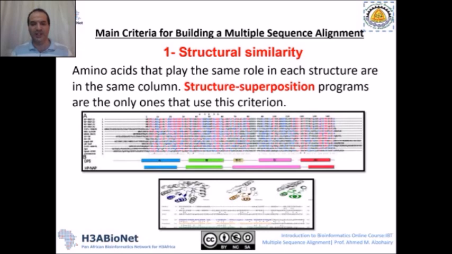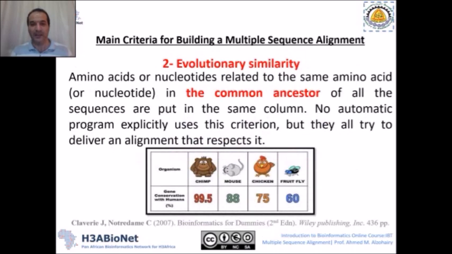Based on that structure similarity, we can interpret many things, as we will see in the coming slides. The second is evolutionary similarity, and also in this case we would like to see columns of amino acids or nucleotides which are conserved in the same position. This means that they have similar function, and this may indicate some evolutionary similarity between different species.